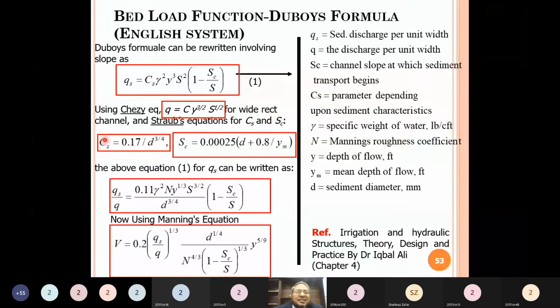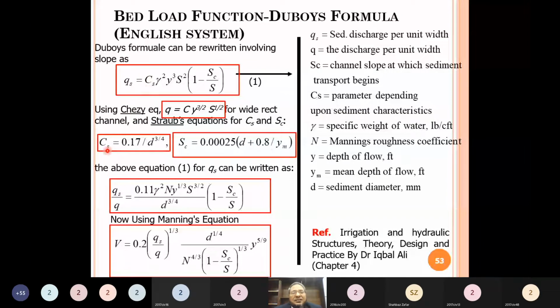Now what is the Cs, which is a coefficient based on sediment parameters? This is given by Straub. Straub was another hydraulic engineer who proposed this value of Cs.